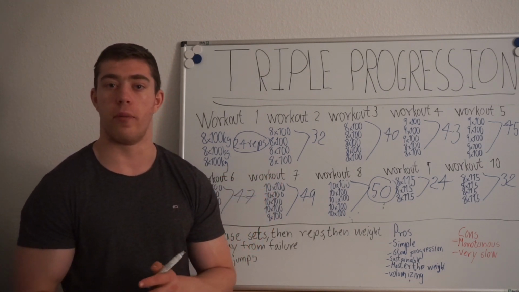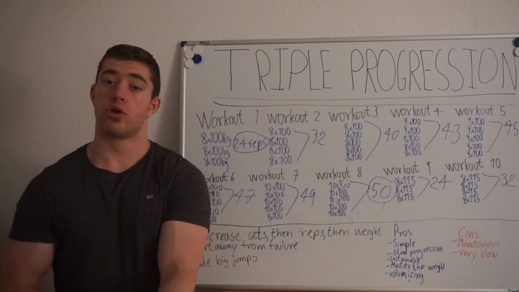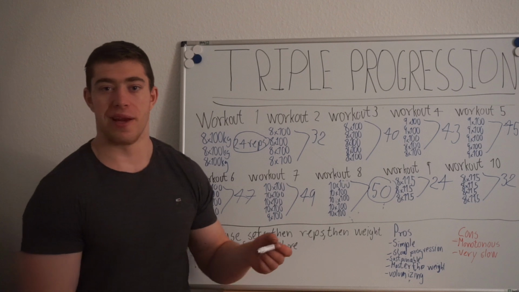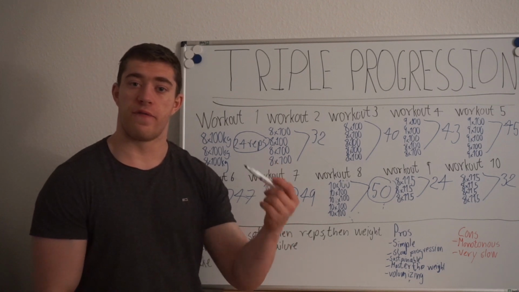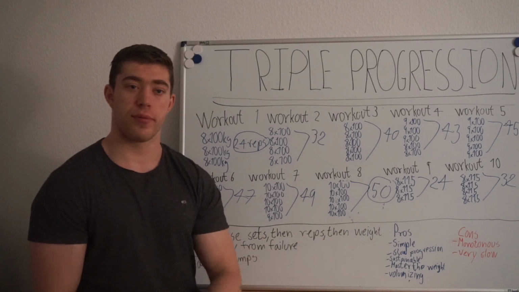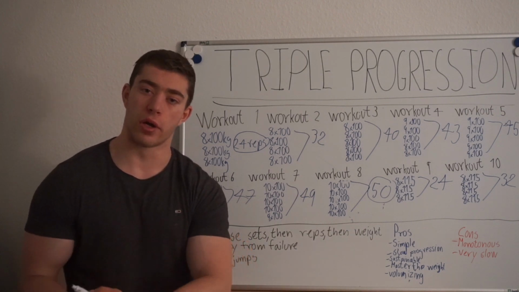Let's say that you go from 2 to 4 sets, that is a double workload. If you go from, let's say, 4 to 6 reps, that is a 50% increase in workload.